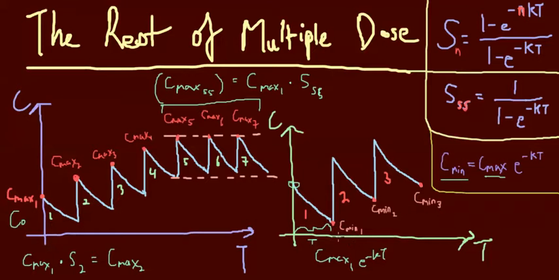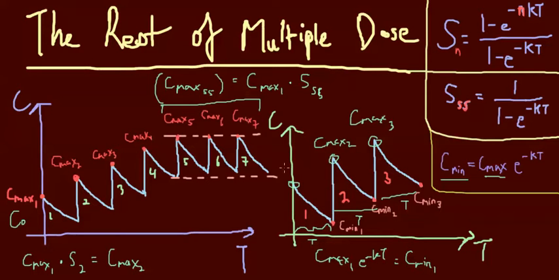We know all these intervals are the same. That's t and that's t. So all these dosing intervals are the same. We multiply them together and we'll get C minimum at 1. You just repeat it for the same thing, except for this one you would use C max 3, and for this one you use C max 2.